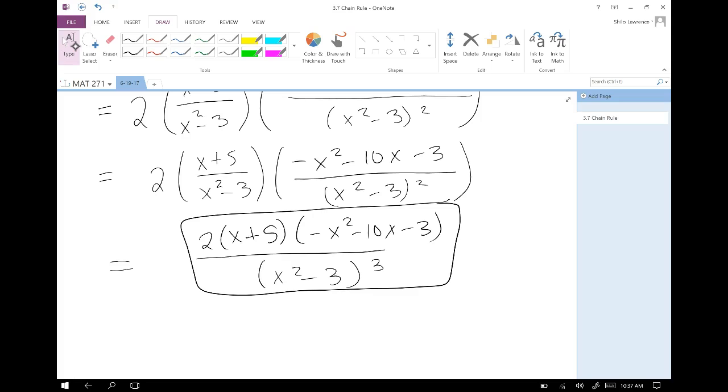It would be a quotient rule, a product rule, and a chain rule. It would start as a quotient rule with the product rule to get the first one. You do a product for the derivative of the top and a chain for the derivative of the bottom. And then under the bottom, it would be x squared minus 3. I'd probably FOIL out the top.